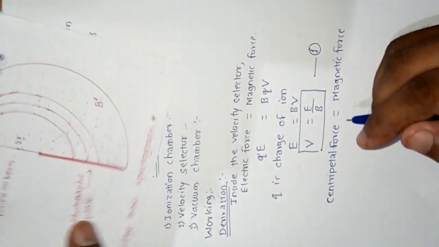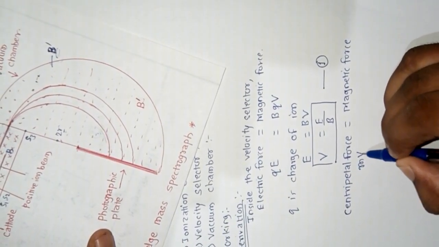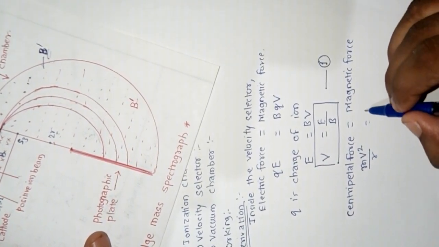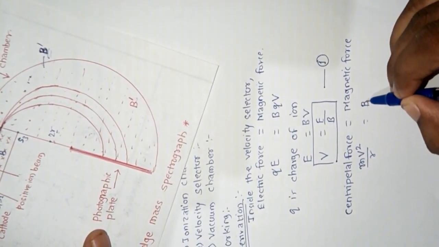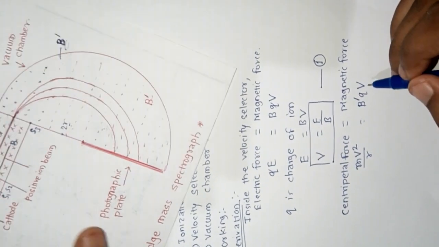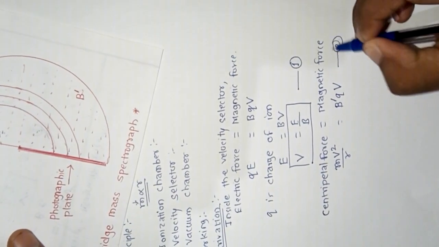The value of centripetal force we know is mv square upon r, and the value of magnetic force is, now here magnetic field is B dash, so B dash into Q into V. This is equation number 2.